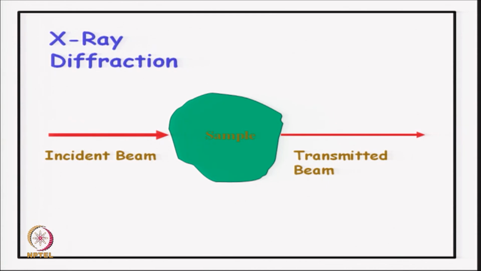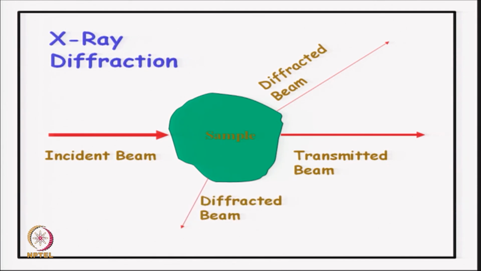But if the sample is crystalline, then you can expect beams in directions other than the transmitted beam direction. These beams are the diffracted beams. You can have more than one such diffracted beam from the same crystal under the same condition.